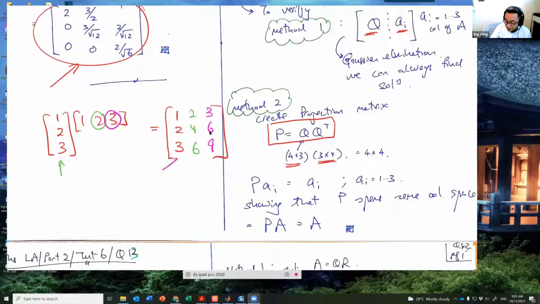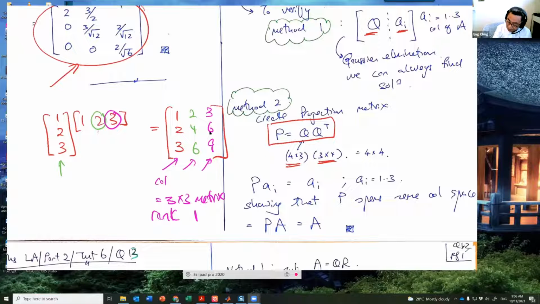So you'll see that this is the original column, the second element times the original column, and the third element times the original column. All the columns are dependent on the first column. Although this is a 3 by 3 matrix, it has only rank 1 because it has only one independent row or one independent column.